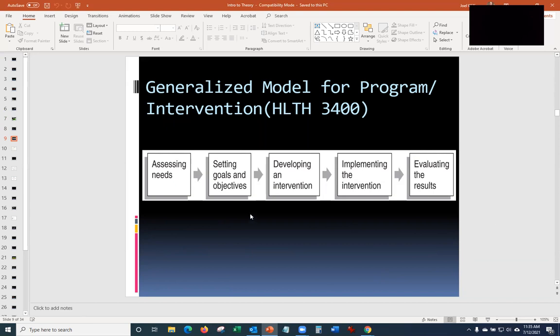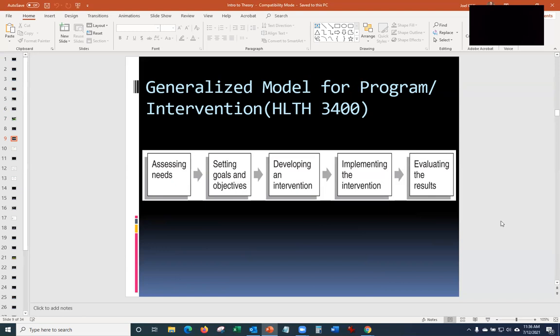At the most basic level, you do some sort of needs assessment, and that's where you get information from the literature, from the kinds of people that you would serve with your program, intervention, et cetera, maybe some clinical knowledge. You set goals and objectives, you develop an intervention related to all that, you implement, and then you evaluate. This is the general model for health program planning, implementation, and evaluation.